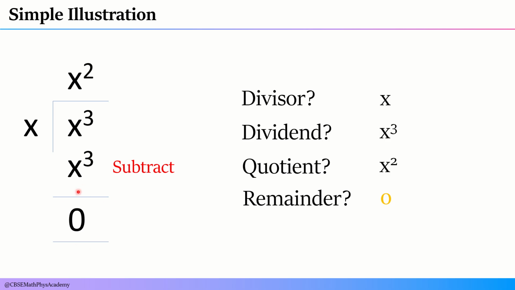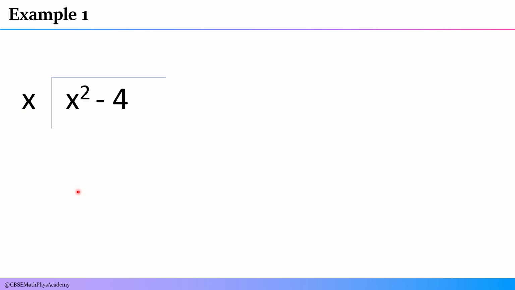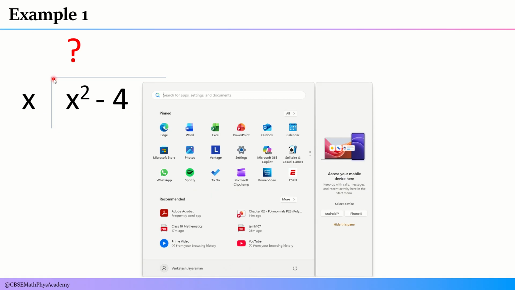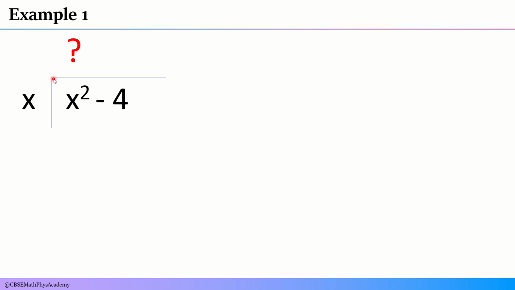Now let me extend this to a little more complex one. I add one more term: x square minus 4 divided by x. So the first question you need to ask is what value in the question mark will give you x square?